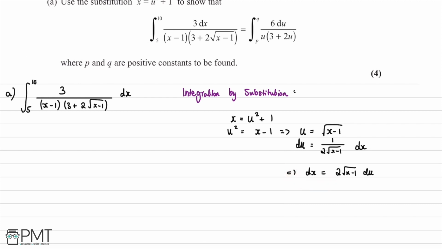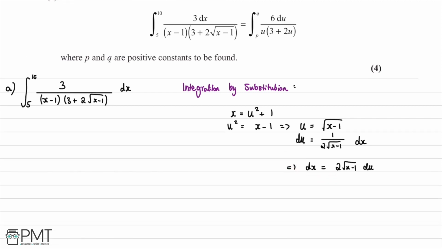This is what we can now substitute into this equation here. But first we can also find our new limits. So I'll just write this down here. New limits. The limits that we have currently, 5 and 10, are with respect to x, so we need to find them with respect to u. For x being equal to 5, u is equal to the square root of x minus 1, so 5 minus 1, that's the square root of 4, which is equal to 2.